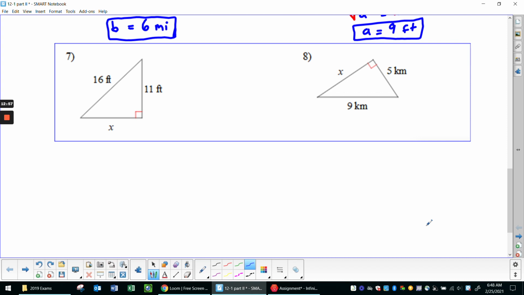Once again, you are looking at the side lengths. The leg is missing here because it's connected to a 90-degree angle. So call this A, call this B, label it A, B, and C, of course, is the longest side. That's your hypotenuse.